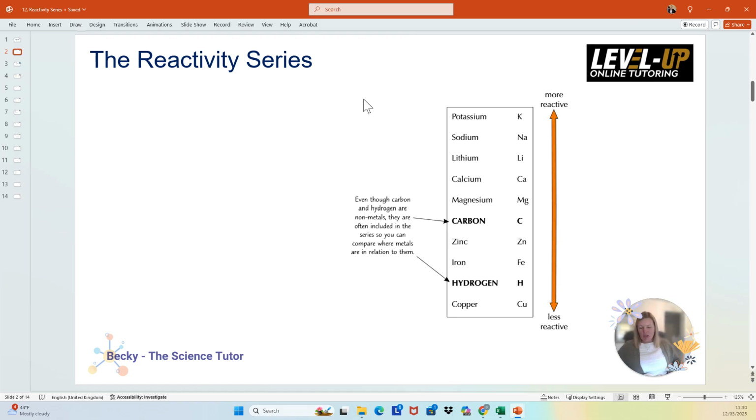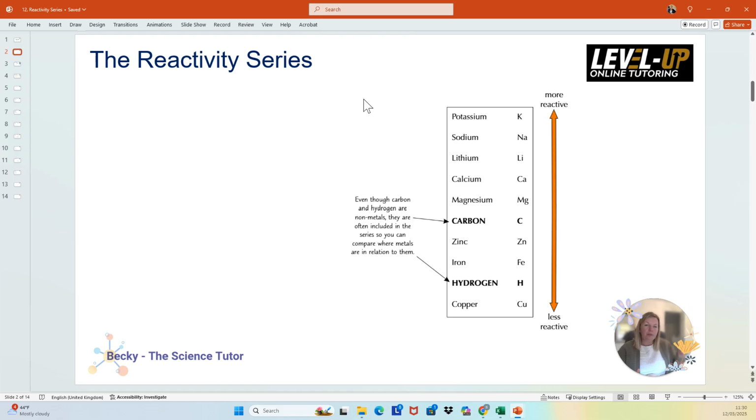Okay, so as I was saying, the reactivity series is a list of metals arranged in order of how reactive they are. We've got the most reactive up at the top and the least reactive at the bottom. Some of these will be familiar because here you've got the group 1 and group 2 metals. You know that they are reactive. When we looked at group 1 metals in the session, we went on to explain why they are more reactive.